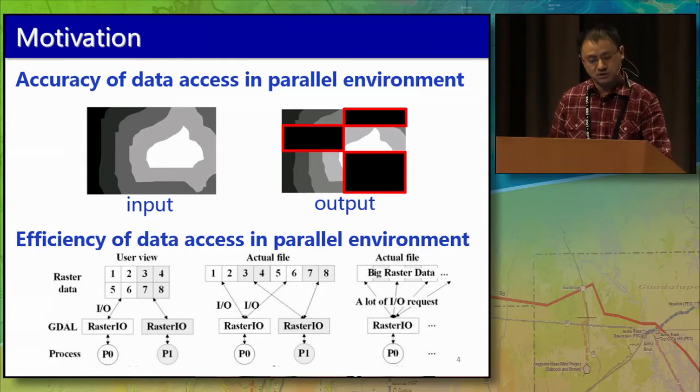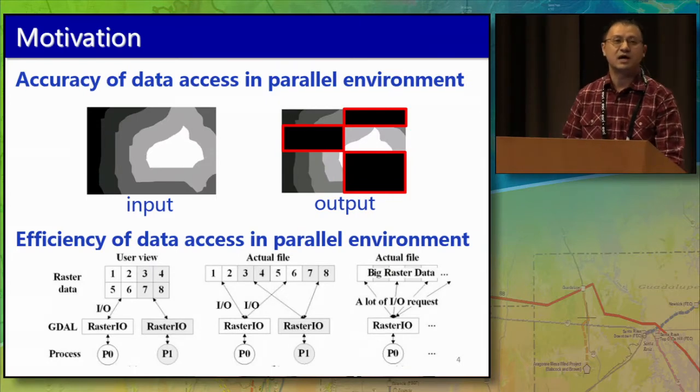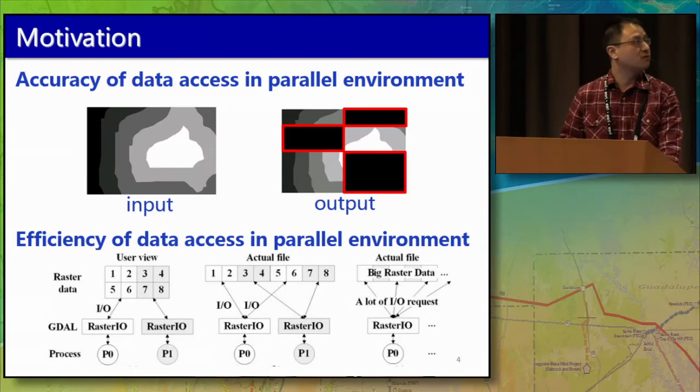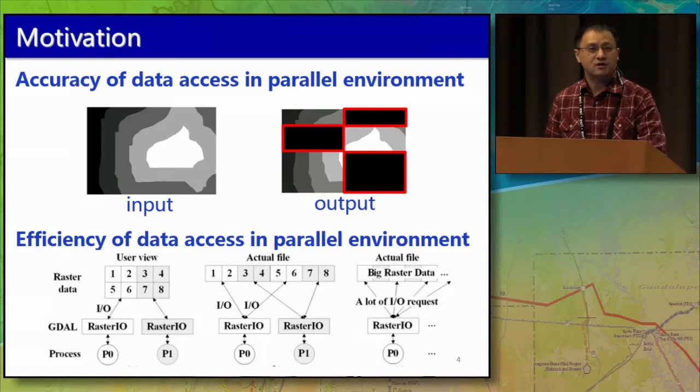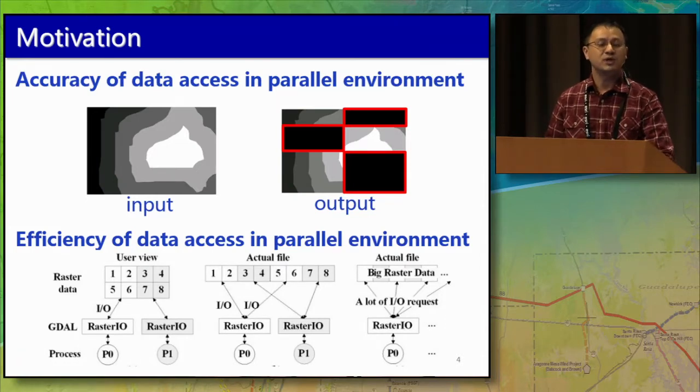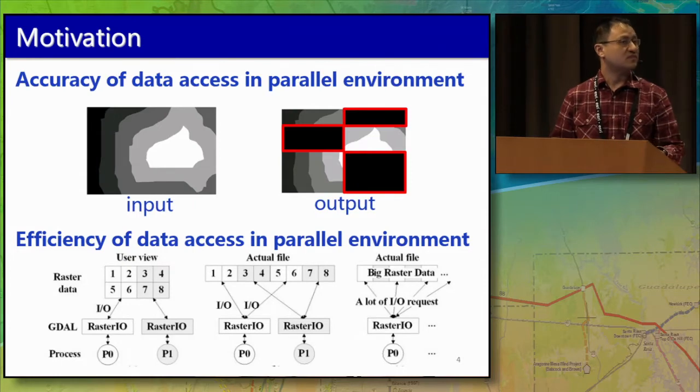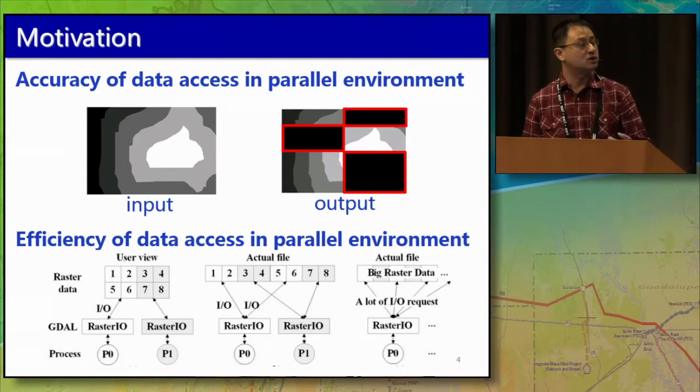The first problem is accuracy. GDAL is a widely used data model to process raster data I/O. But when we use GDAL in a parallel environment, if we partition the data row-wise, the output is correct.